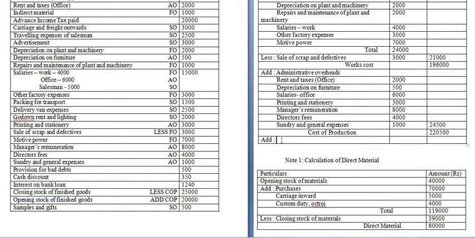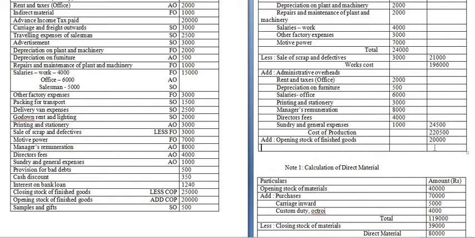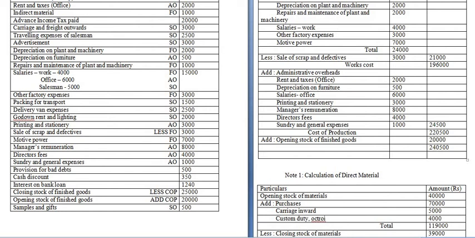Amount should be taken in the outer column, 20,000. Now once you add it, you will get 22,40,500.